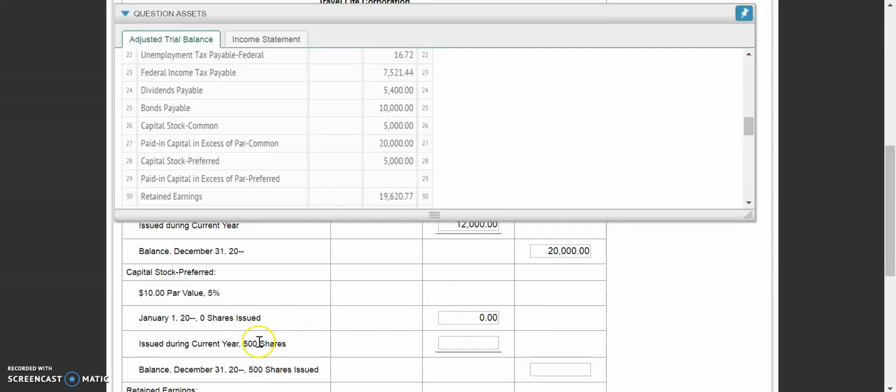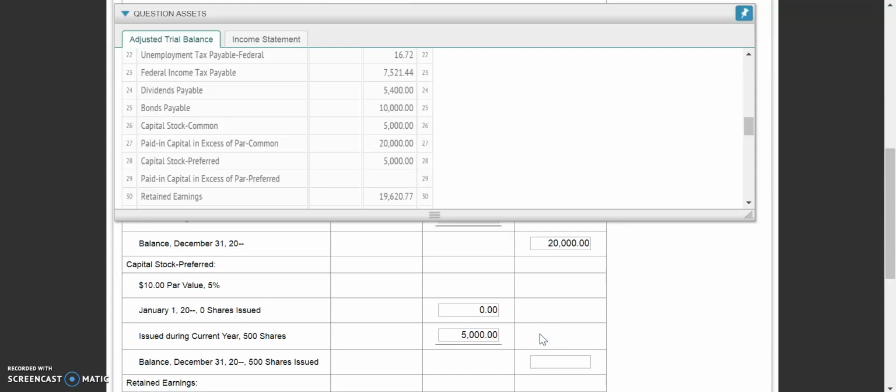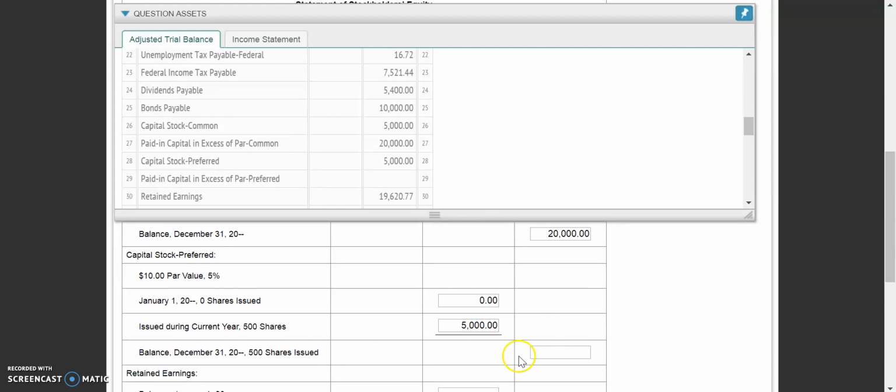The number of shares issued during the current year was 500, but remember that our par value is 10, so we take 500 times 10. That equals $5,000. So our balance is 5,000 in our preferred stock at the end of the year.